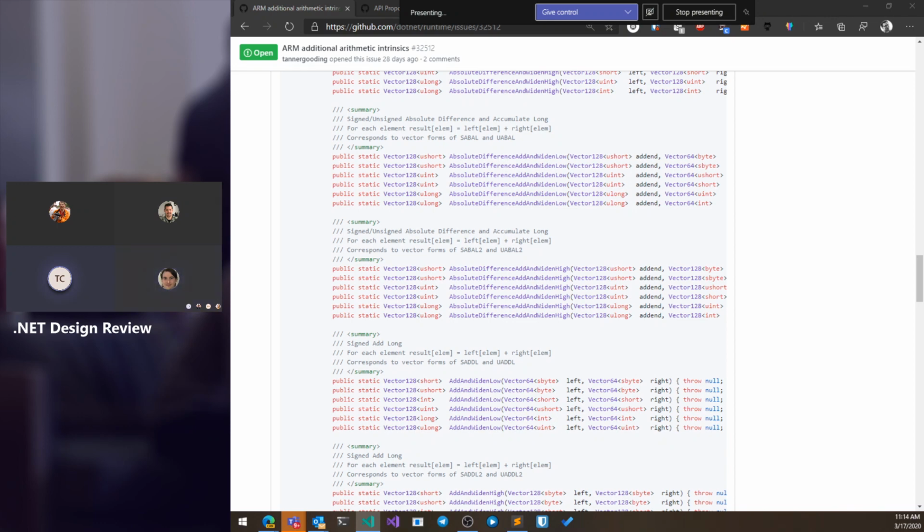So we're saying that is right. Absolute difference add shouldn't have taken. So it actually is correct. Yes, except. Does that function there take 2 or 1 argument? I can't see past the addend. It takes 2 arguments, left and right. Okay, that's correct.